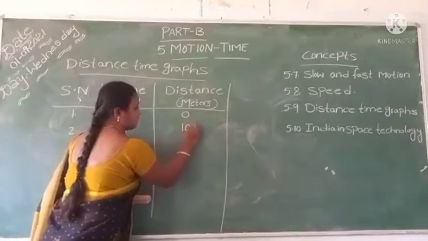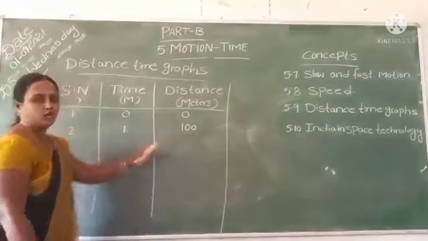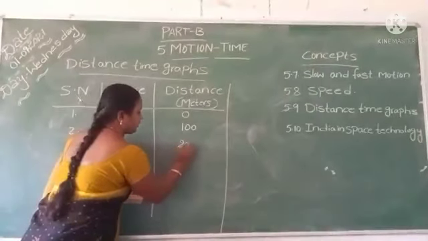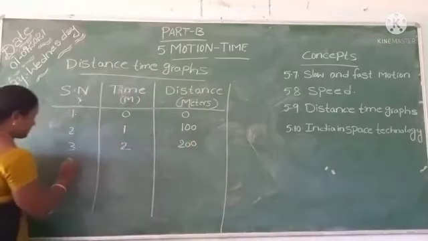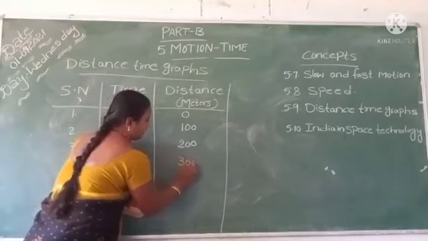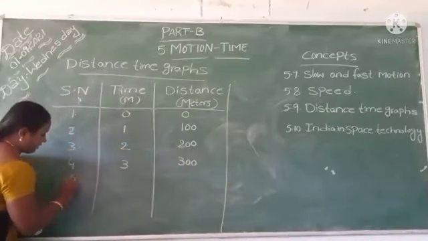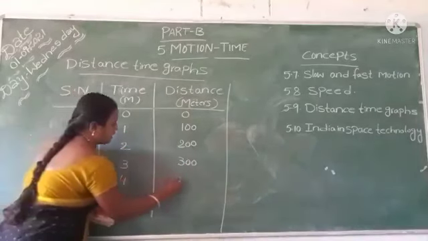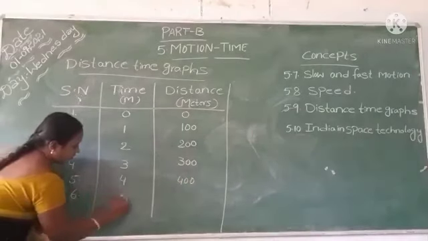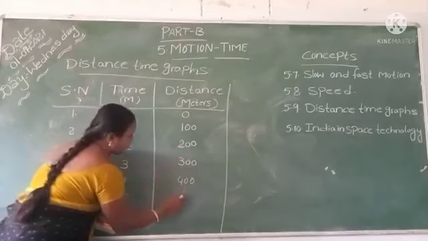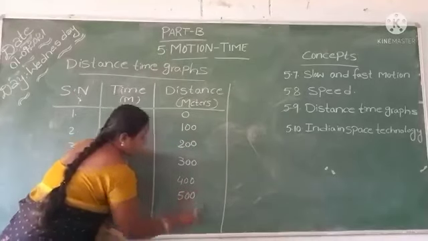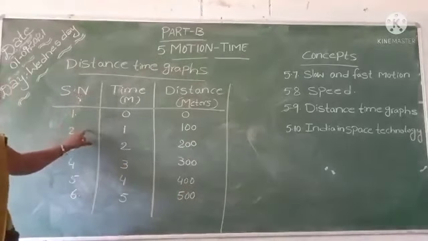How much distance? 100 meters. 2 minutes we are taking, 200 meters. 3 minutes we are taking, 300 meters to travel. 4 minutes, 400 meters we are traveling. 5 minutes we are taking, how long we are traveling? 500 meters.